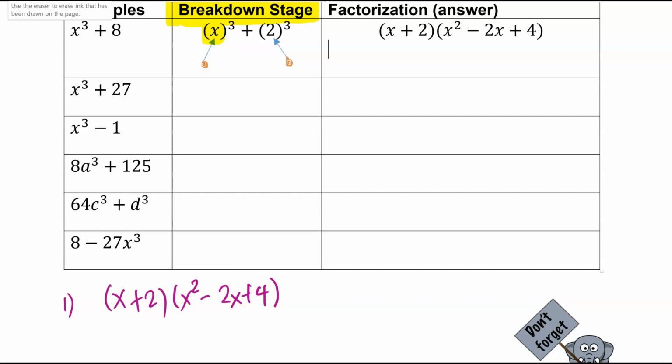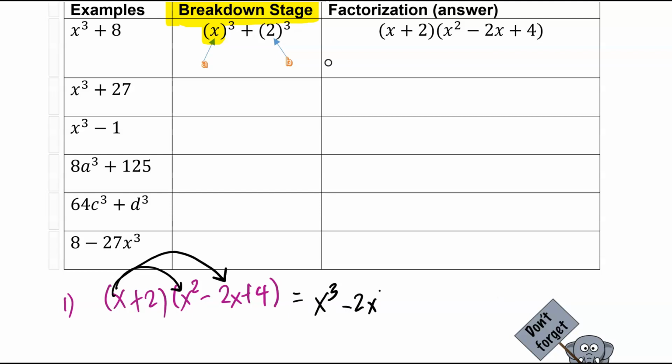Starting with the x. So x times x squared is x cubed. X times negative 2x is negative 2x squared. X times 4 is 4x.